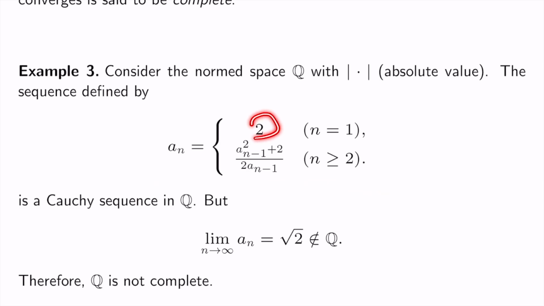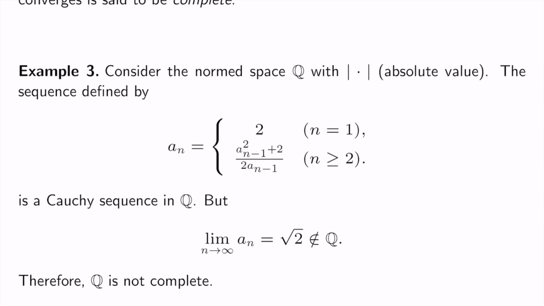So the first term is 2, and after the second term, we have a_n equals (a_{n-1} squared plus 2) divided by 2a_{n-1}. Okay, so after the first term, we can calculate the second term based on this. So put 2 into here and here, then we get the second term.